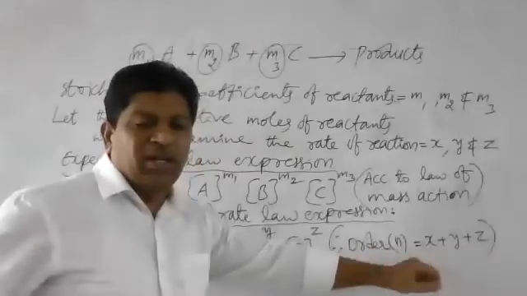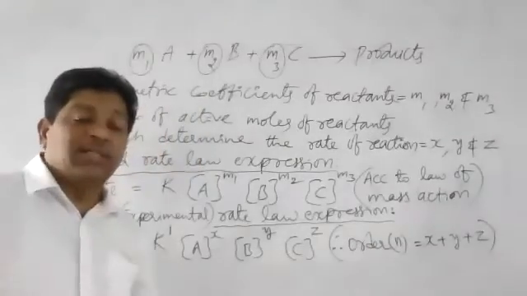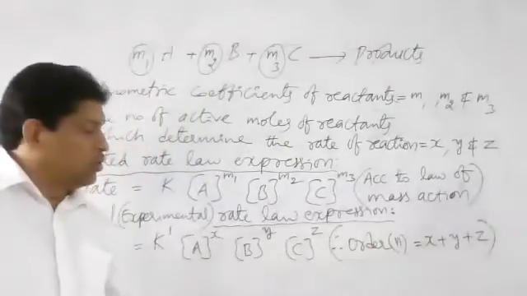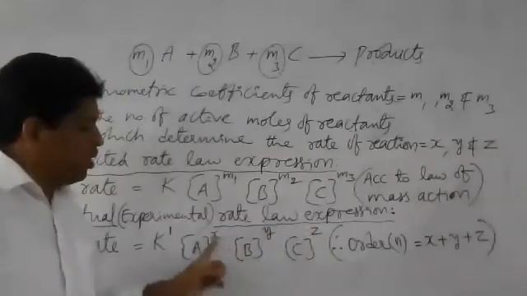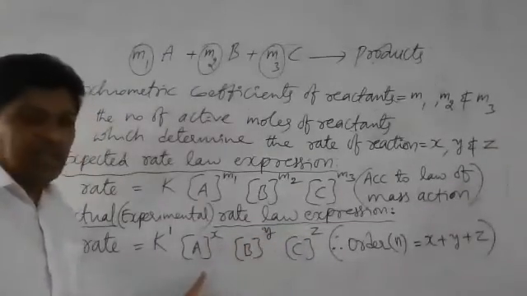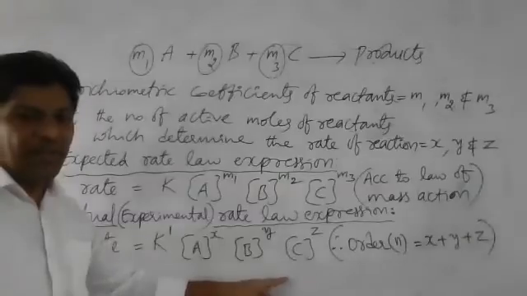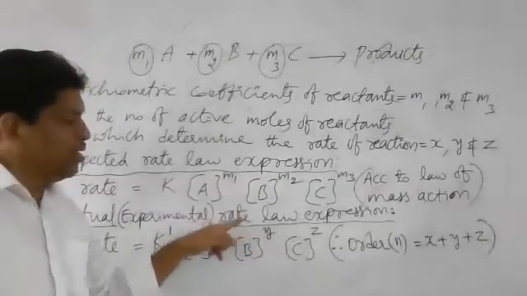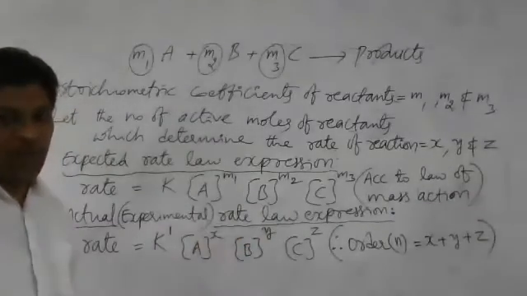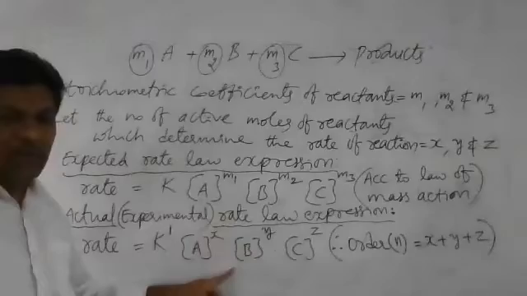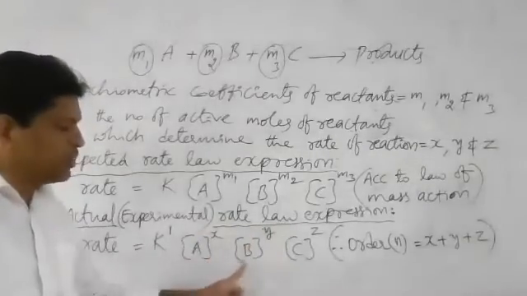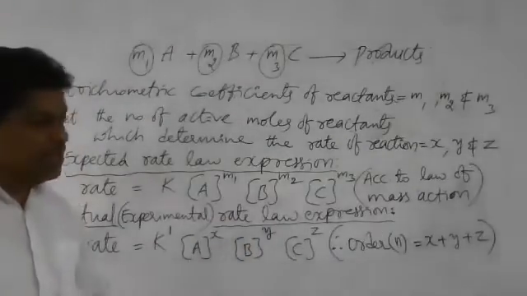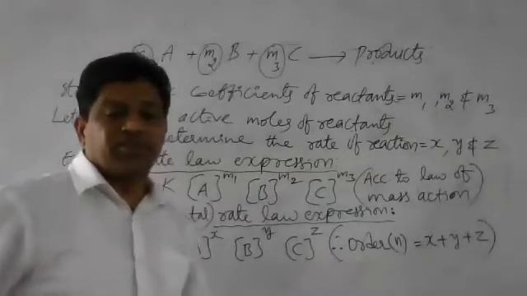The sum of X, Y, Z values, not the product. So the sum of the powers of the concentration terms of reactants in the rate law expression is equal to the order of reaction.